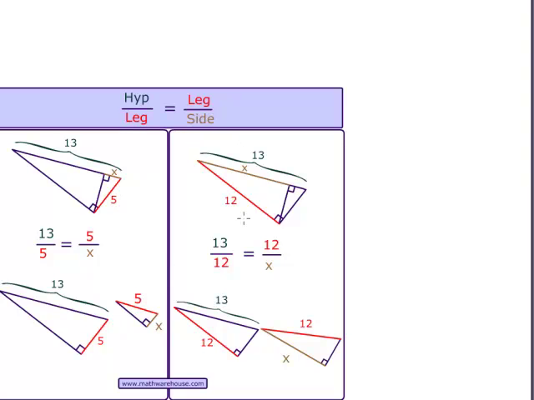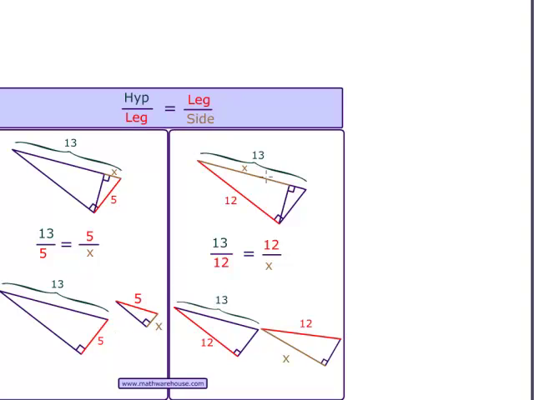So again, this picture here is just to show you that we're really just using our similar triangles definition. If you reorient all these triangles and set them up so they're facing the same way, you'll see that 13 over 5 goes with 5 over x.